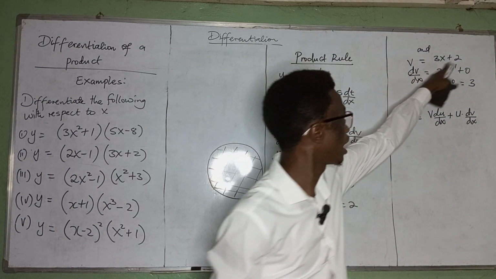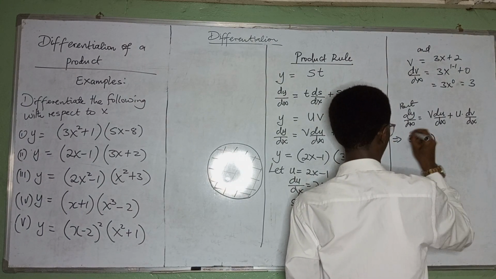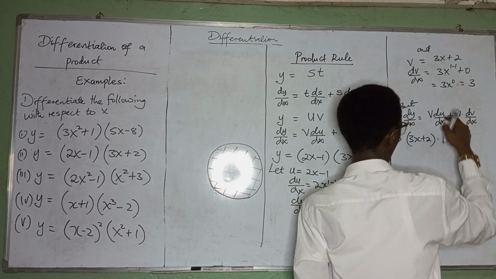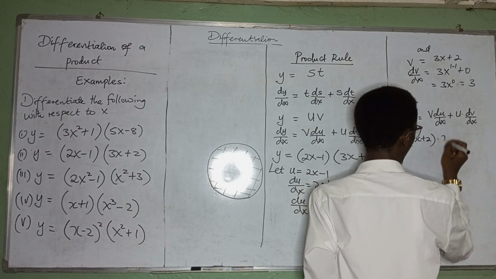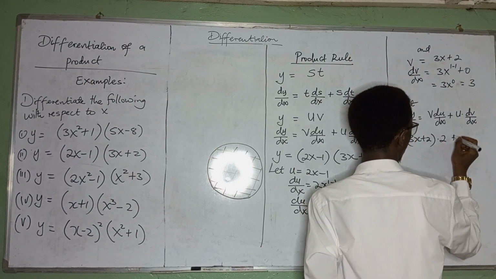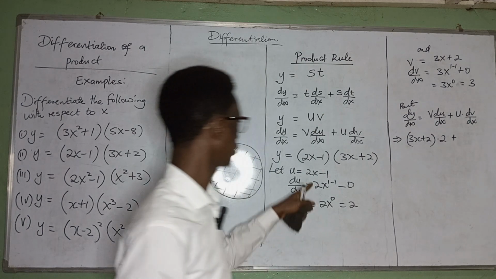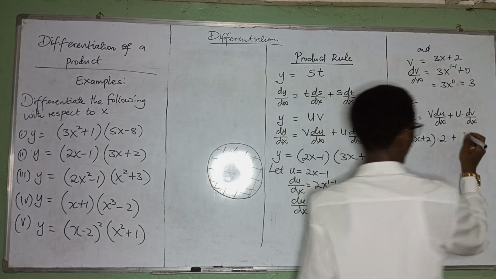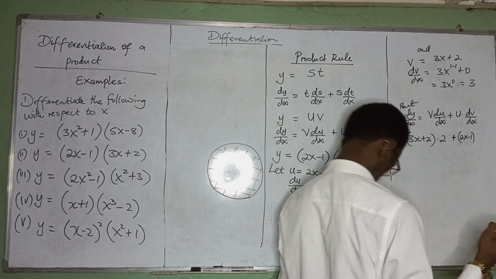You've let v be 3x plus 2, so that's 3x plus 2 multiplied by du by dx, which is 2, plus, now what is your u? Your u was 2x minus 1, so you have 2x minus 1, and you close the bracket.